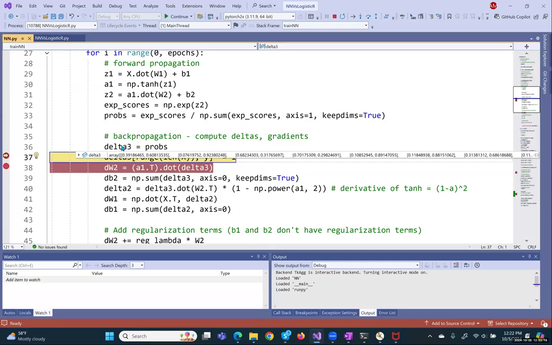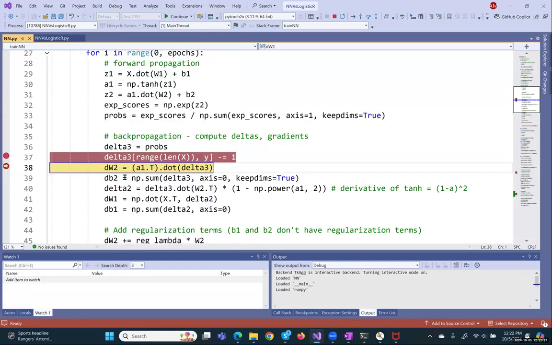The second number should continue to stay 0.6. So if we run it to the next step and I put my mouse on it, you'll see the first number became negative 0.6 and the second number stays the same, 0.6, right? So that is how easy it is to compute the deltas.